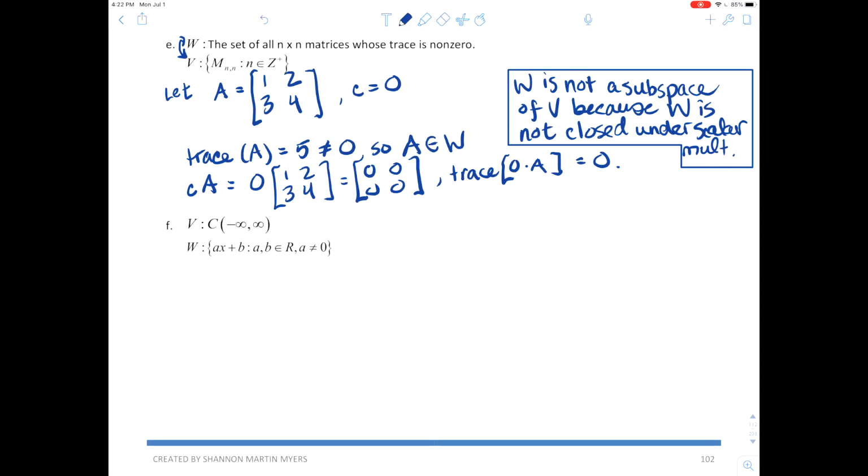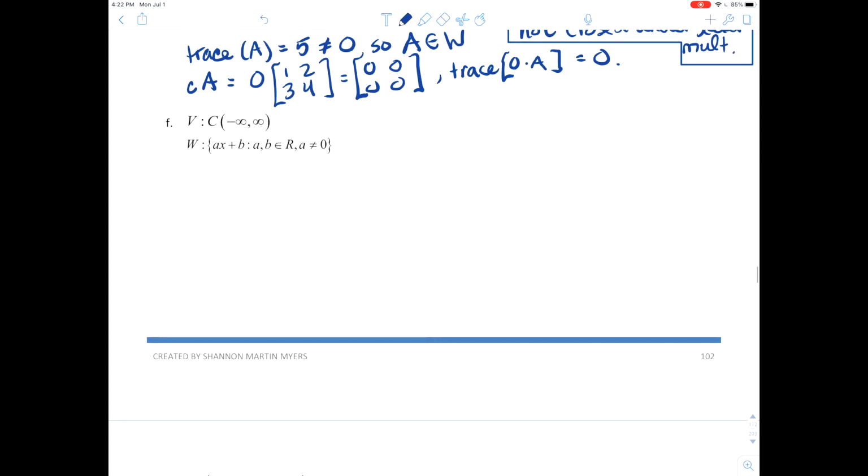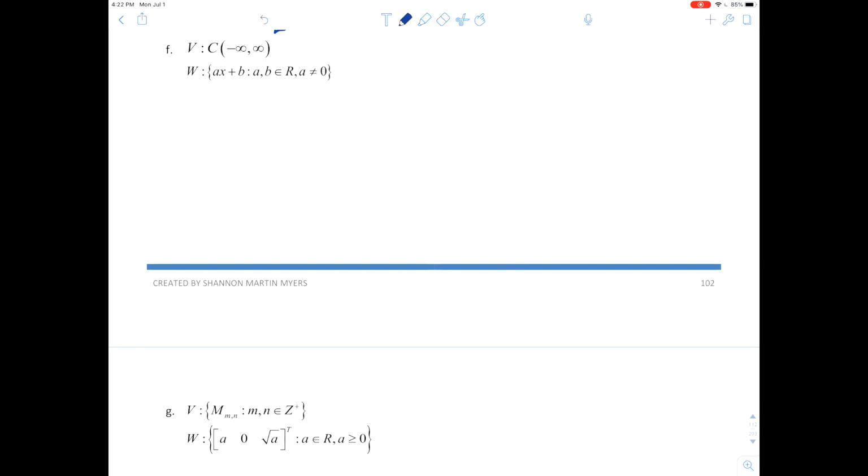Cool? Okay, so now our next example, where the big set is the set of continuous functions on the real line, and then W is what? Beautiful, the set of all linear functions in the form of ax plus b such that a and b belong to the real numbers and a is not equal to 0. Cool so far? Okay, well, what do you think?